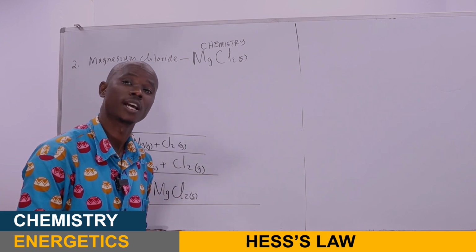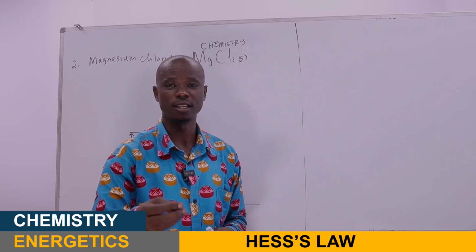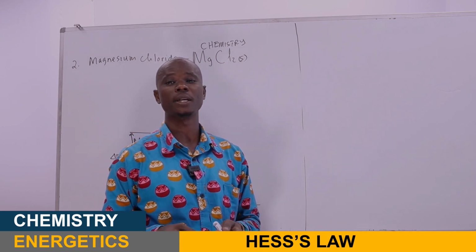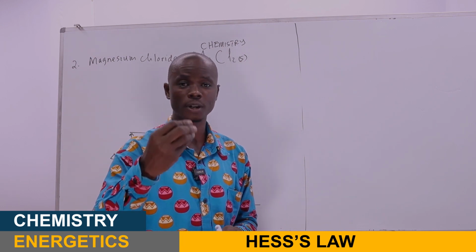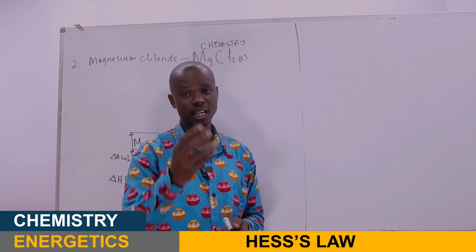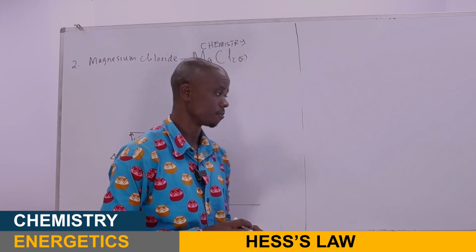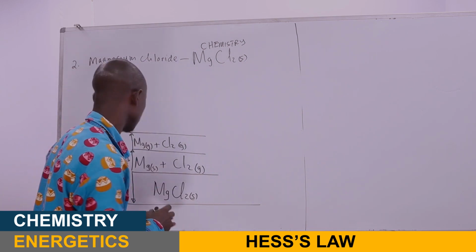How many electrons are lost by magnesium? I'm sure you can tell me the maximum number of electrons that a magnesium atom can lose in order to acquire the stable noble gas configuration. Two electrons can maximally be lost. Now, losing 2 electrons is stepwise.